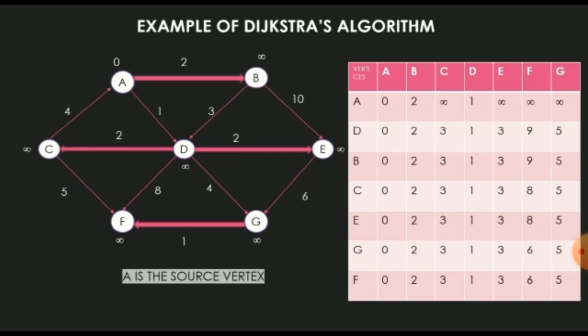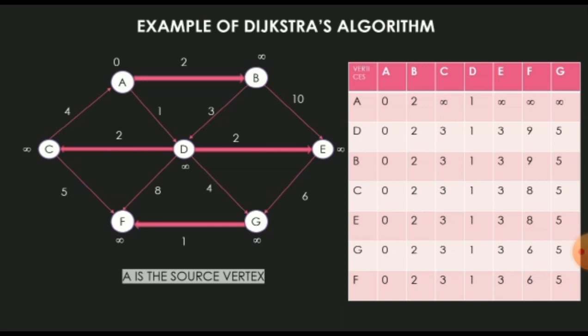The edge weight of CF is 5 and we already know that the weight of C is 3. So when we add it, 3 plus 5 becomes 8. The weight of F with respect to C is 8 and the weight of F with respect to D is 9. When we compare, 8 is less than 9, so we replace the weight of F by 8.